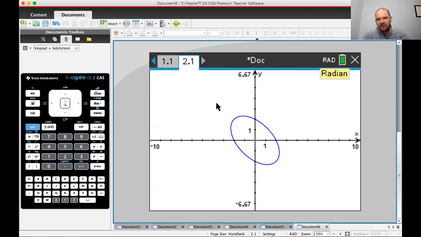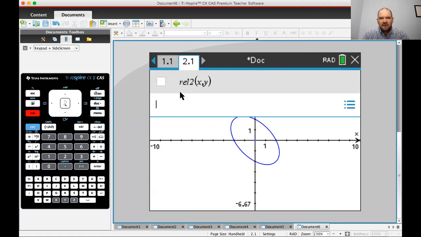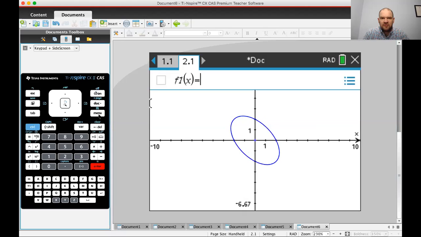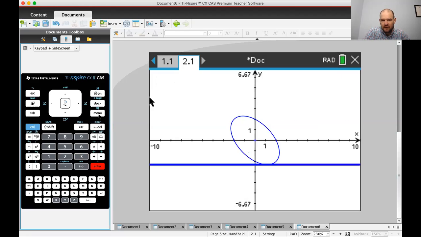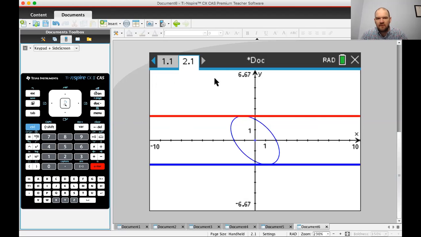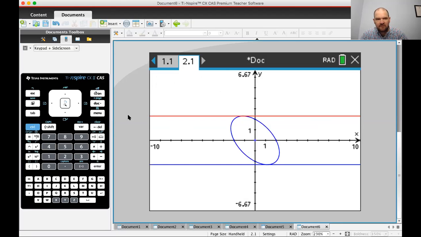All right, so now I'm going to go back to function mode. Menu, option 3, function. I'm graphing negative 4 over the square root of 3, and then 4 over the square root of 3. Looking good, right? Horizontal, sounds good.